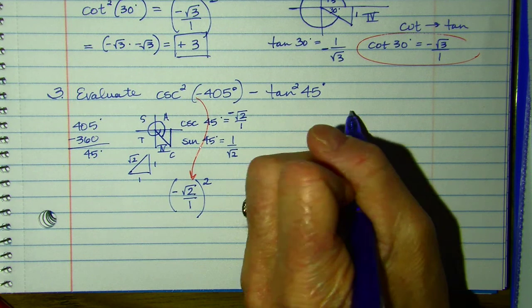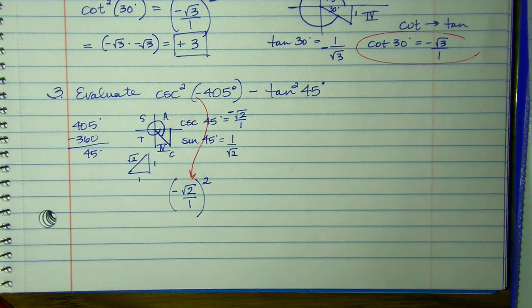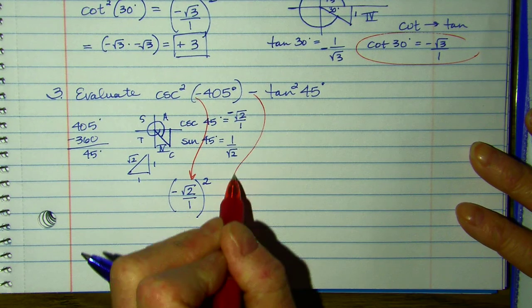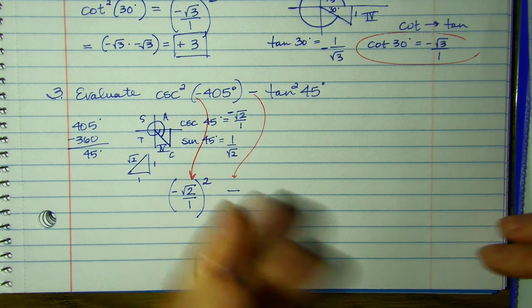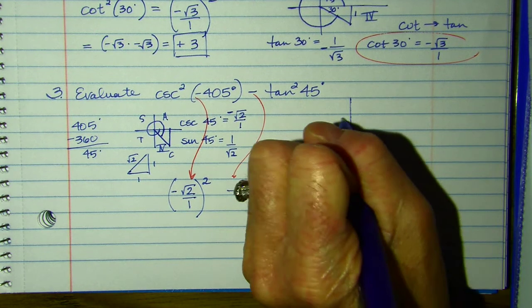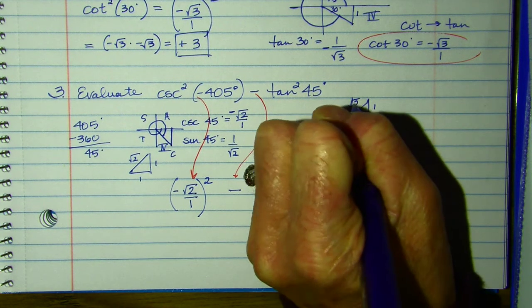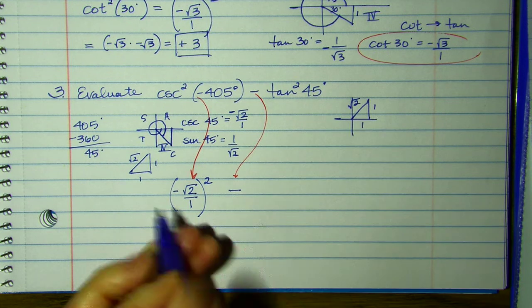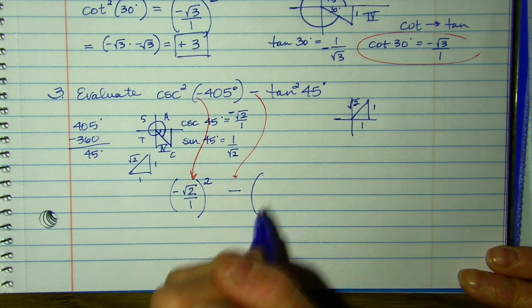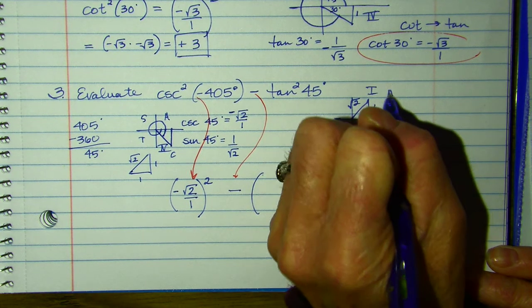Now the tangent of 45. And I'm going to bring down this minus sign. The tangent of 45, right, is right here. 45 is opposite over adjacent, and everything's positive here.